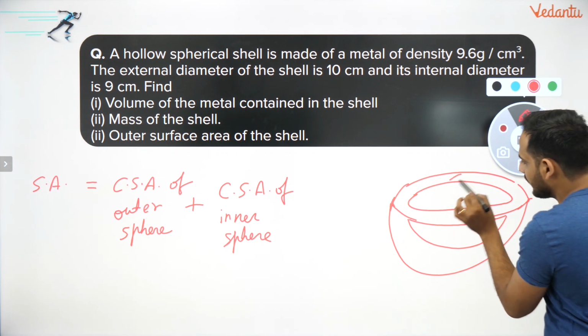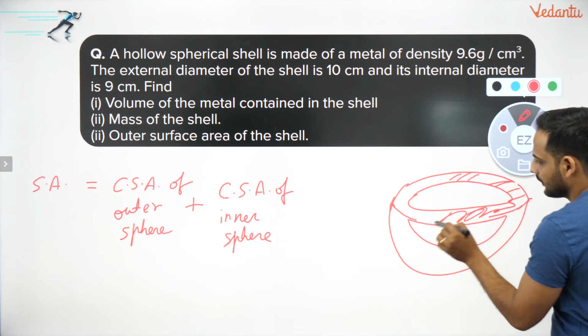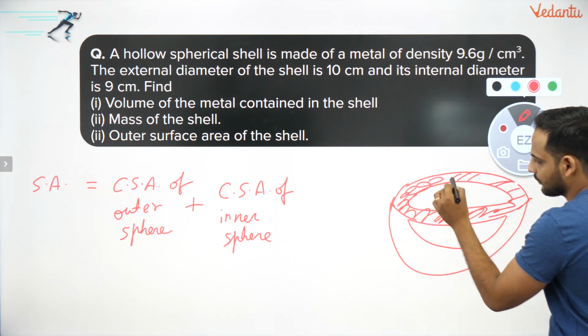Now we need to add this surface area as well, bachcho. This surface area also has to be added, because the curved surface area of the sphere was not including that.